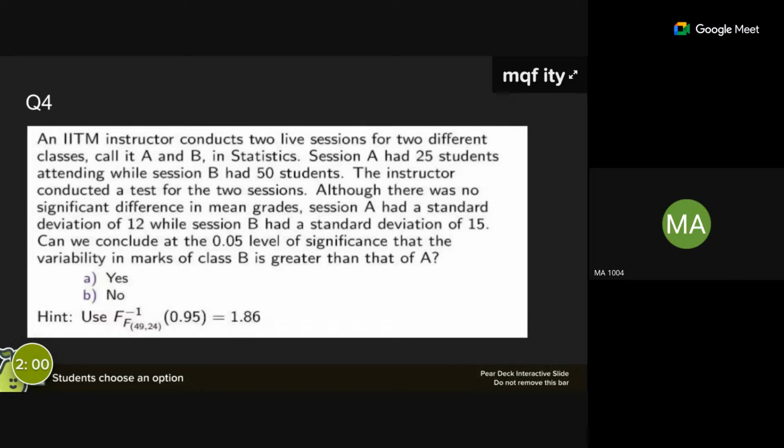So here it is a two sample test. Then the task will be what will be our null hypothesis and what will be the alternative. Once that is clear, then go for the test statistic. Which test statistic will you go for?